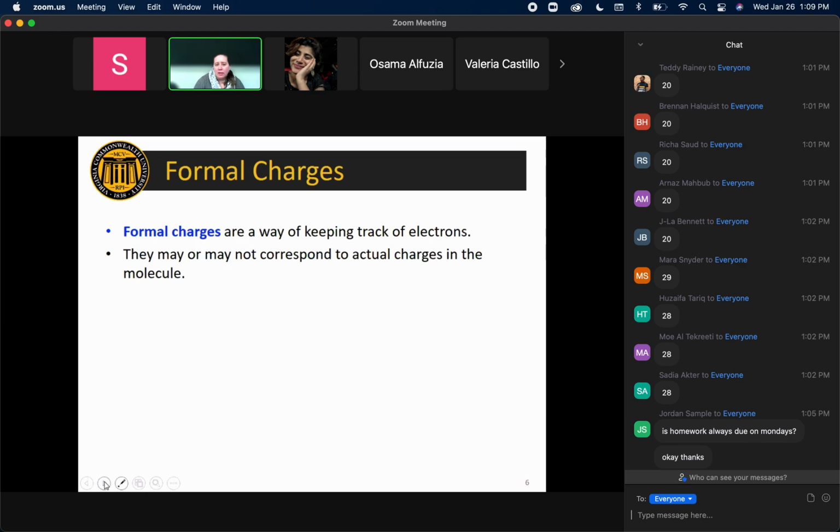They may or may not correspond to actual charges or charge density in the molecule. Don't worry too much about that statement. Just know that formal charges are a very black and white, very specific thing, and I'll show you right now how to calculate them. An important point here is that a complete Lewis structure will include an indication of all formal charges in a molecule that are not equal to 0.